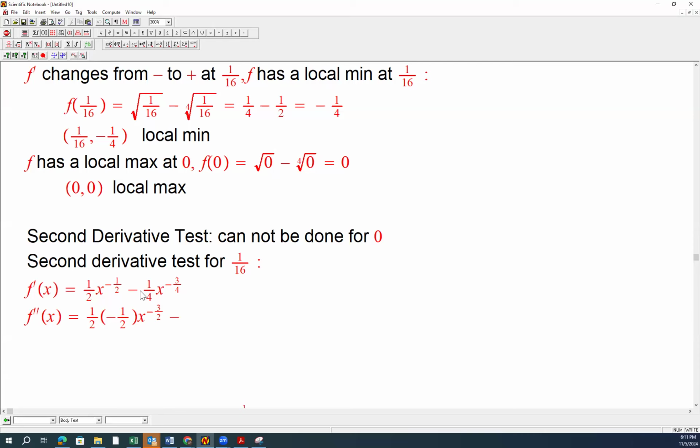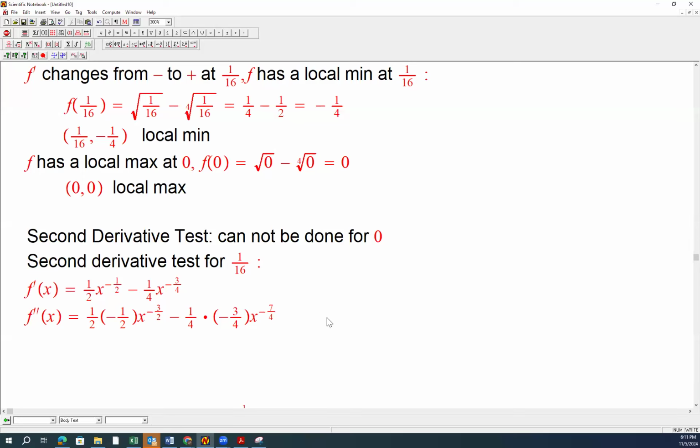Minus 1/4 multiply -3/4, and x raised to the power of -3/4 minus 1, that's going to be -7/4. Which is -3/4 minus 1, just in case. All right, you got it?